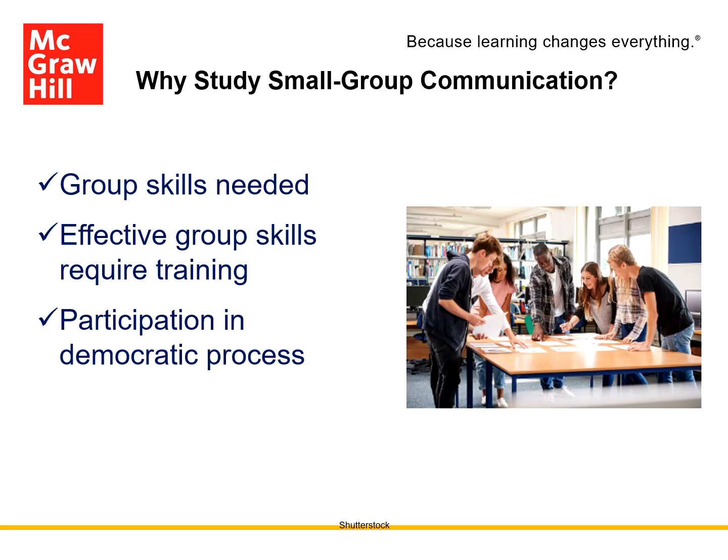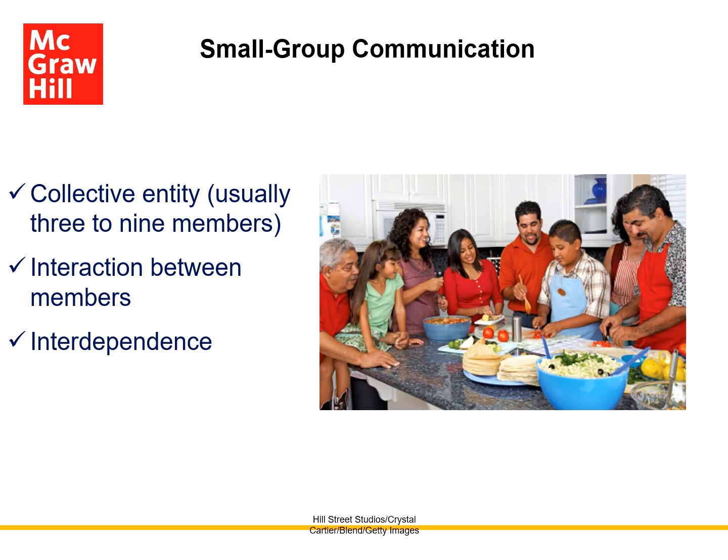So group skills are needed. Employers report that they want folks who have group skill ability. Effective group skills require training, though, and participating in the democratic process of groups. And we're going to talk a little bit more about that.